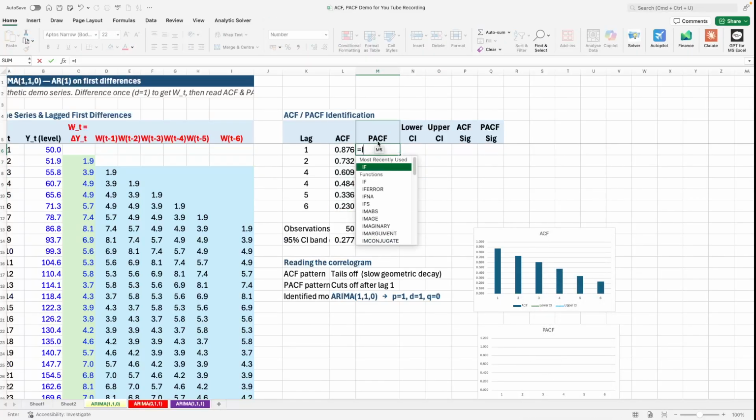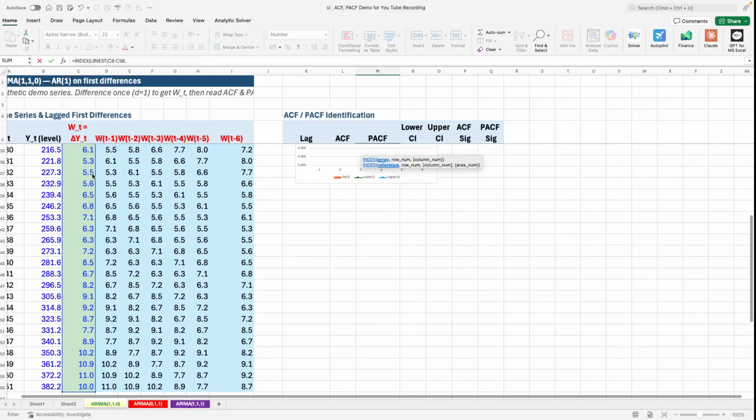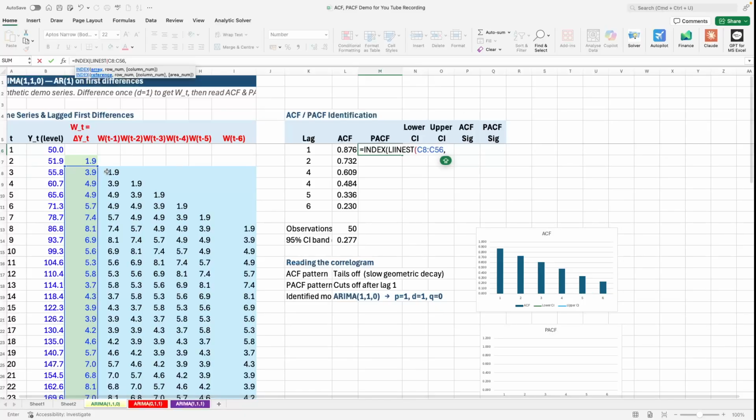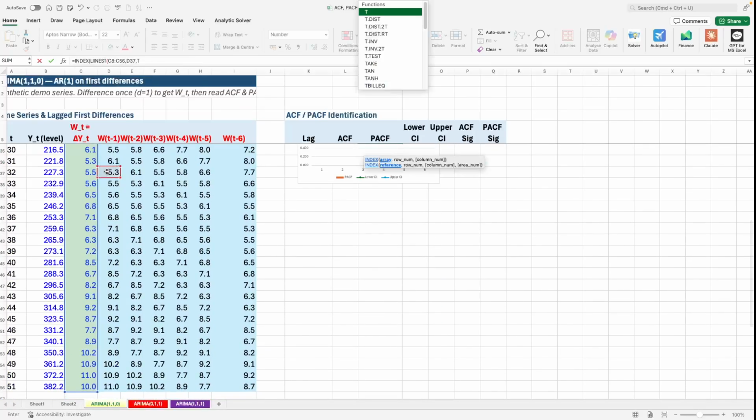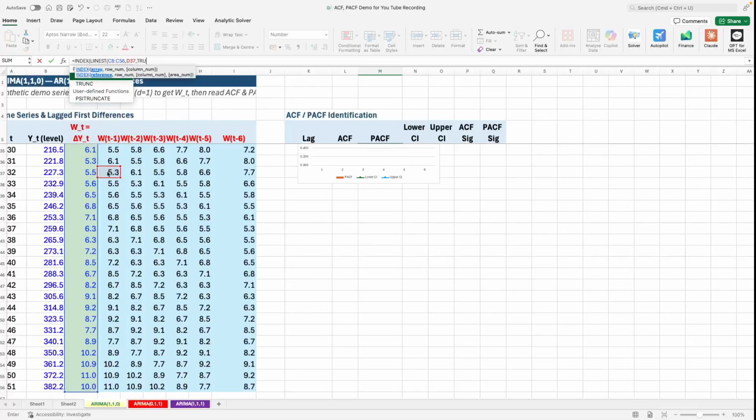How do you get it? You can use a simple shortcut on regression, INDEX LINEST. Then we will calculate this one, comma, and this one, comma, TRUE, comma, TRUE, bracket close, 1, comma 1.